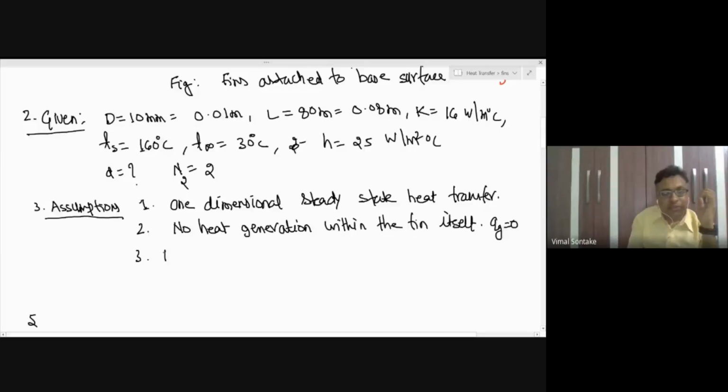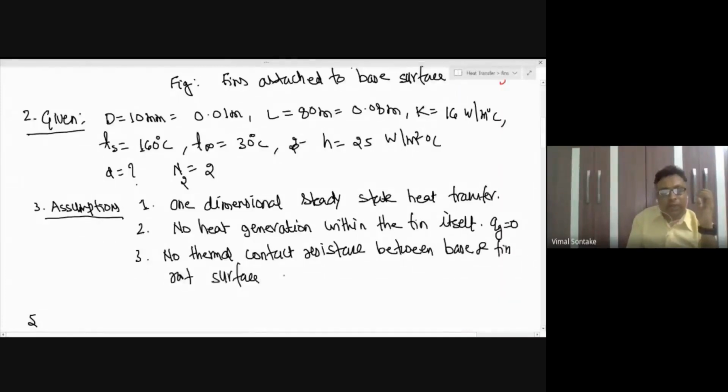Assumption number 3, no thermal contact resistance between base and fin root surface. As a consequence of this, base surface temperature will be fin root temperature.